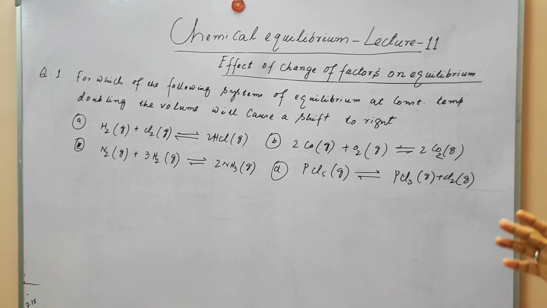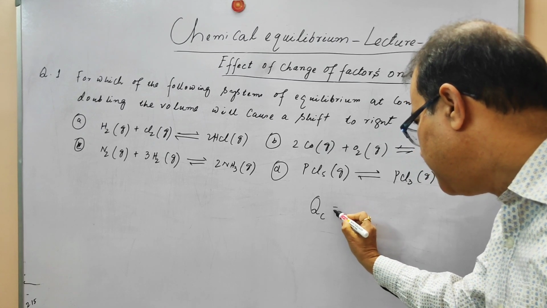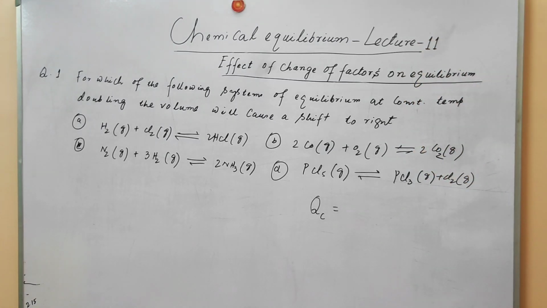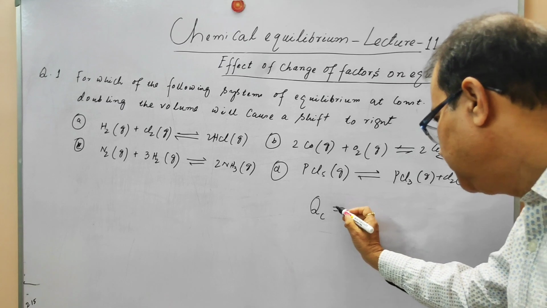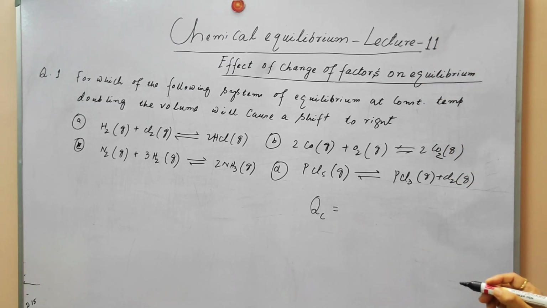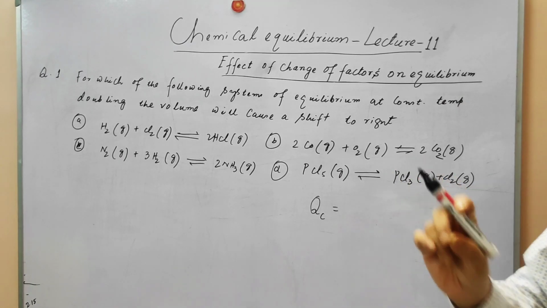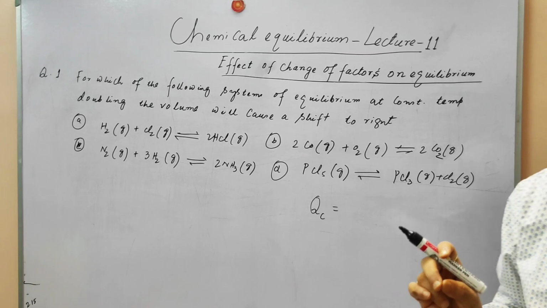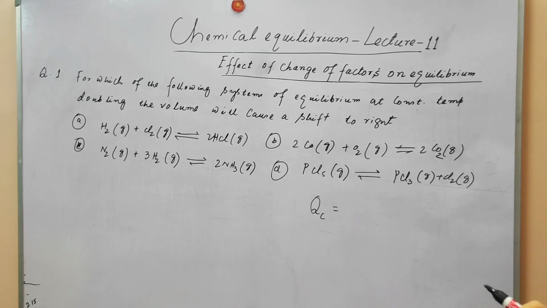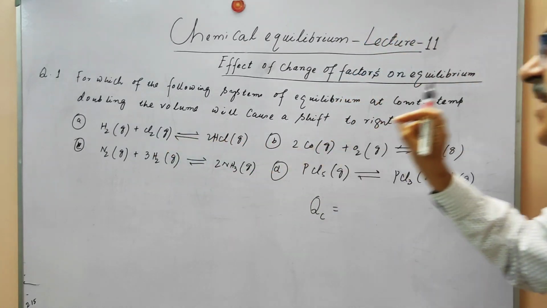For that, we first have to find the reaction quotient. From the reaction quotient you have to see whether it is less than or greater than the equilibrium constant.